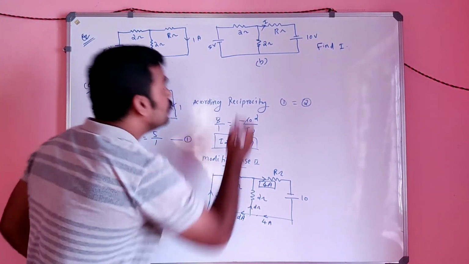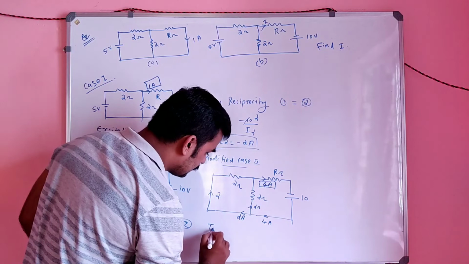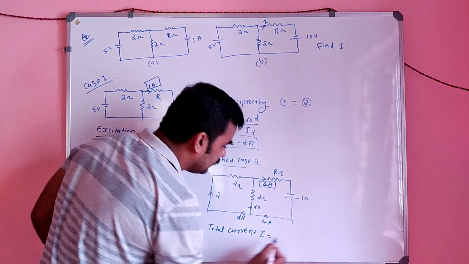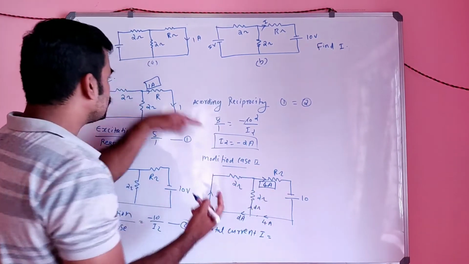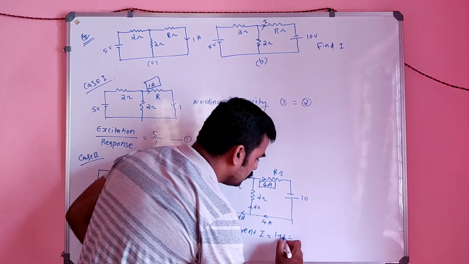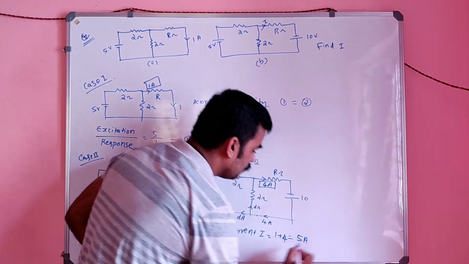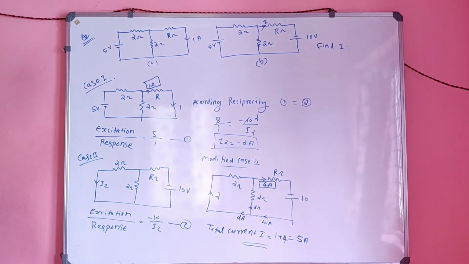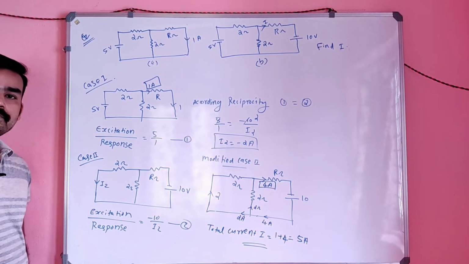So we have total current I. Both are in the right direction, so they can be added, so it will be 5 ampere. This is the final answer.